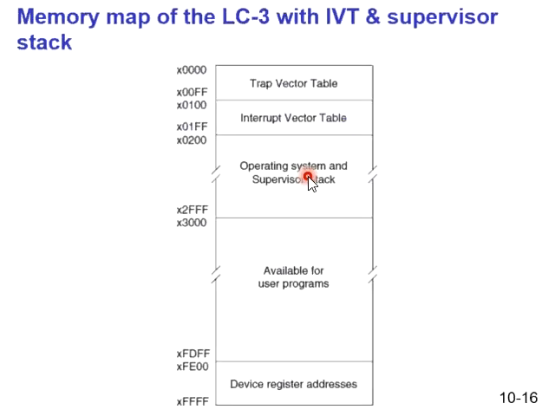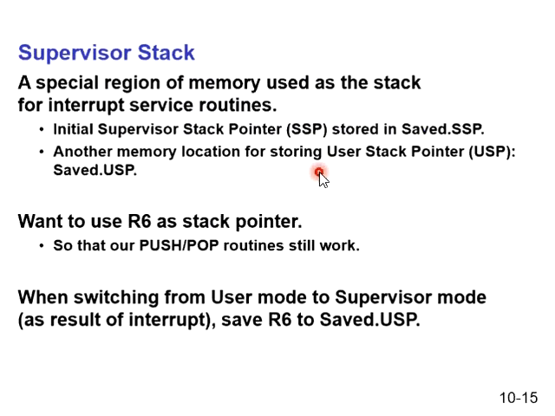So over here I give you the picture for the memory map of the LC-3 with the interrupt vector table and the supervisor stack. Because when we go to an interrupt subroutine, at that time you need to store many things. So normally we use the supervisor stack to do this. The supervisor stack is a special region of memory used as the stack for interrupt subroutines.